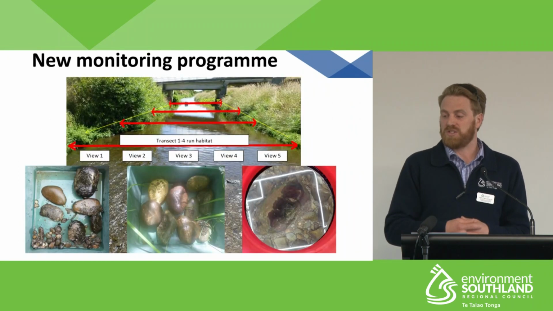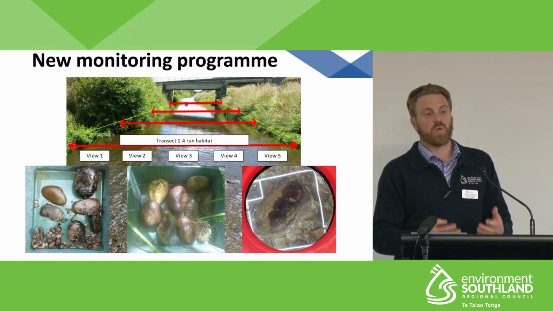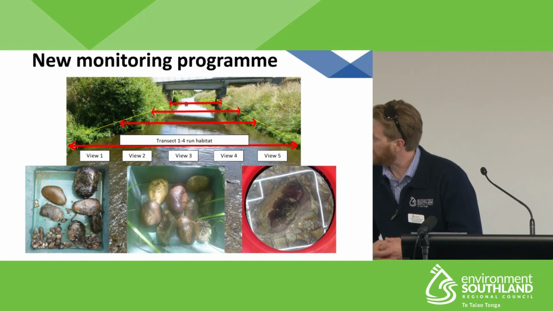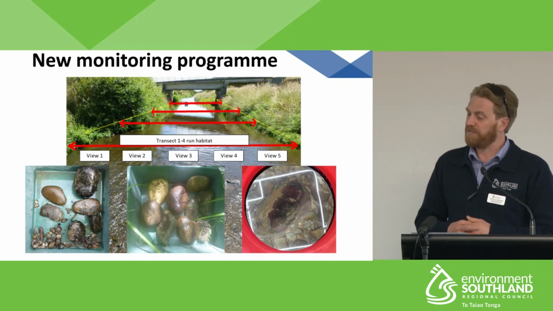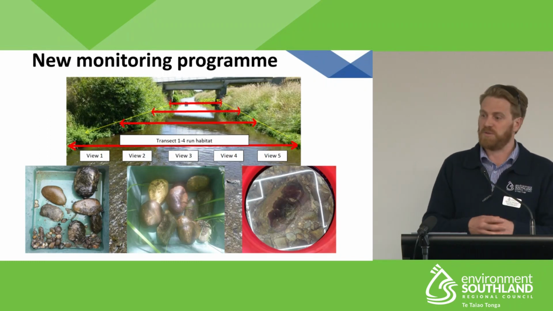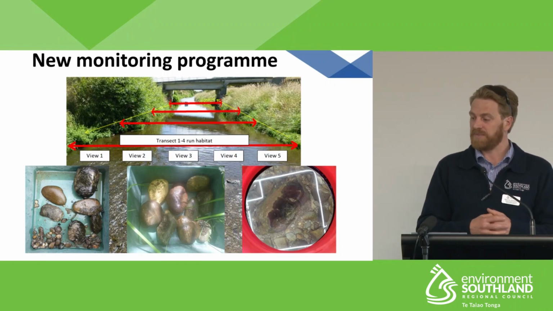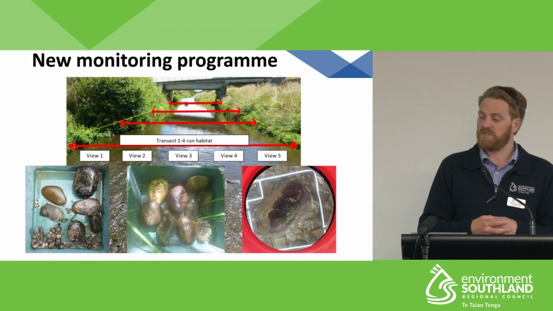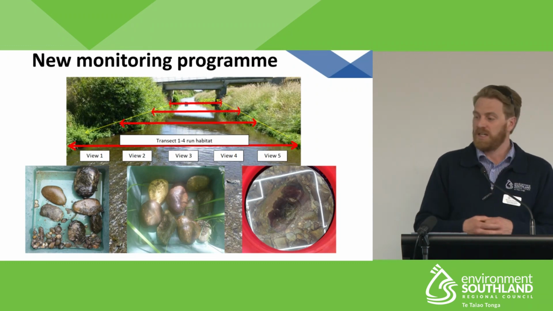So the new program consists of quantitative measures of chlorophyll A, measured by going and picking up some rocks from the riverbed and then scrubbing a defined surface area off to measure chlorophyll A, but also making observations of percentage cover.